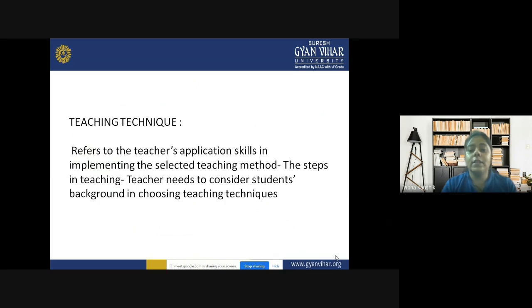The steps in teaching, the different steps that are involved in the process of teaching. The teacher needs to consider students' background, the previous knowledge of the students related to that particular concept.